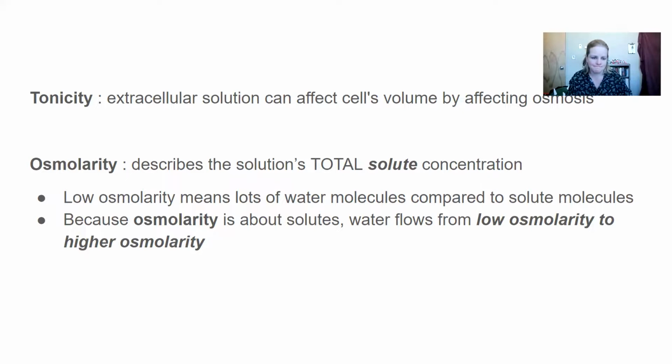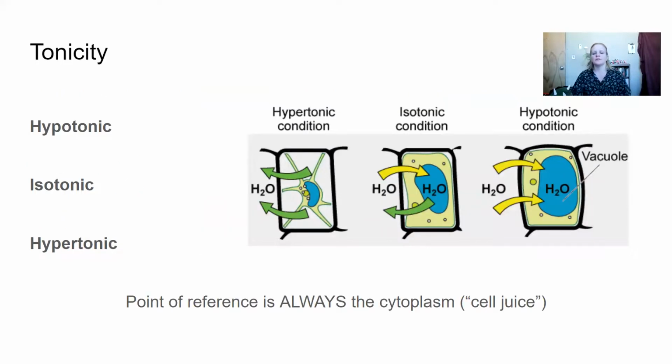Okie dokie. All right, so tonicity is talking about comparing the concentration of the extracellular fluid to the concentration inside the cell. So when we talk about these words, hypotonic, isotonic, hypertonic, we're talking about relative to the cell.